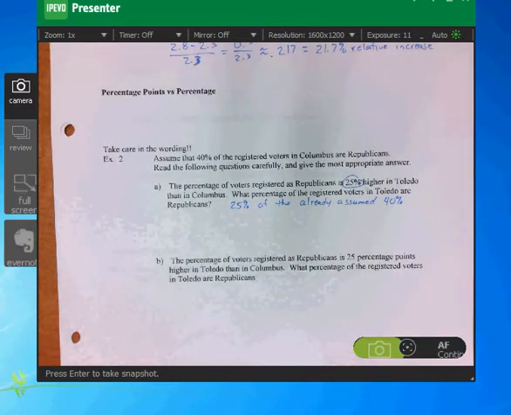Of the 100% in Columbus, we've got 40% as Republicans. Now in Toledo, their number is 25% higher. So we're saying 25% of the 40% from Columbus. So not 25% of percentage points, but a relative 25% of the 40.